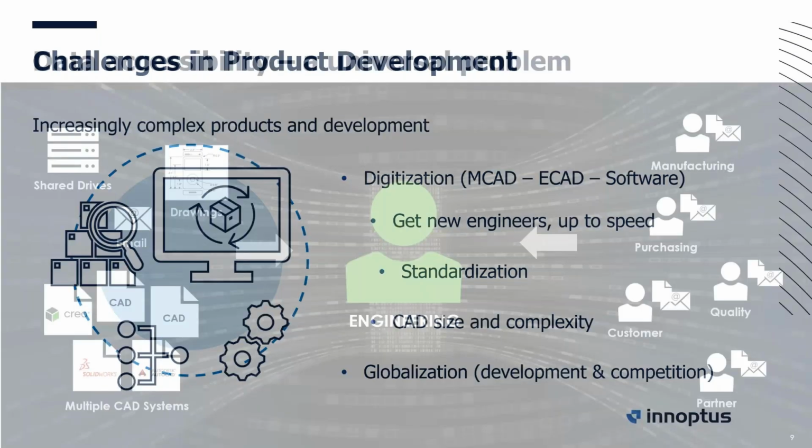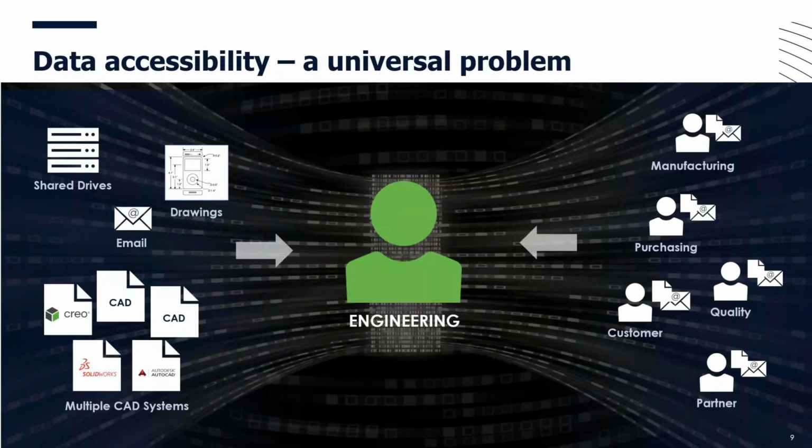What we also see is that managing product data is typically an engineering function. They create most of the data. They are at the beginning of the process. And without an effective product data management system, product designers face daily questions from other people in the organization. That can be from manufacturing, purchasing or customers.